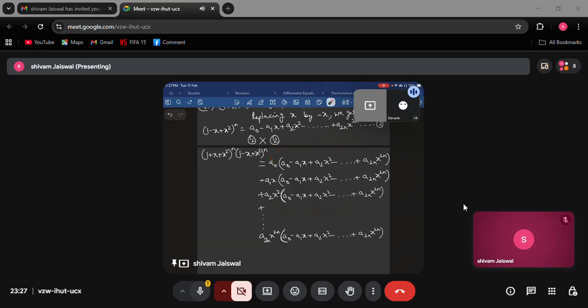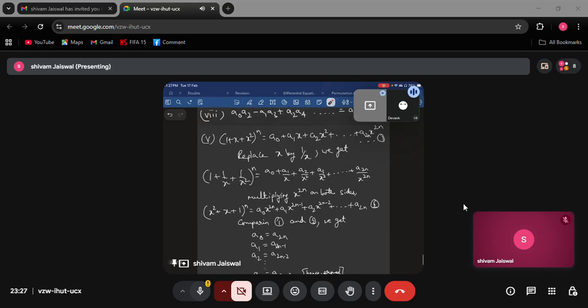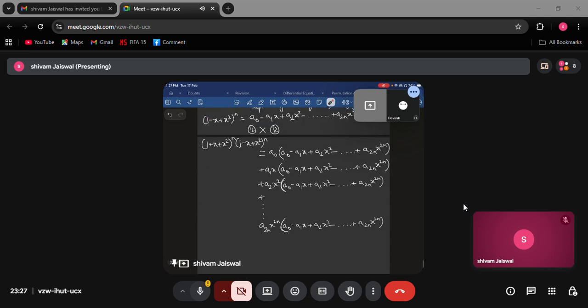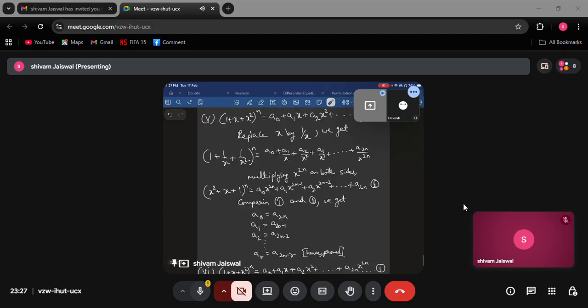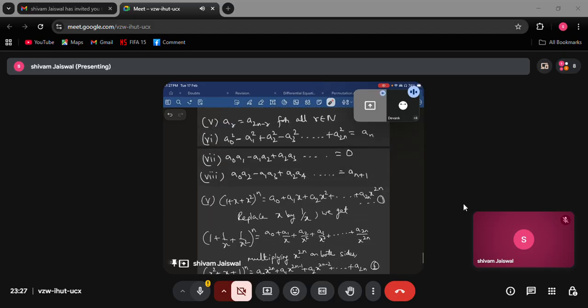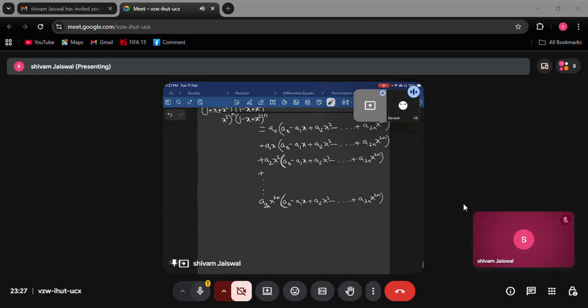But I need a1 square also: a1 into a_(2n-1), a1 square. We need to compare the coefficient of a0 square minus a1 square, so let us compare the coefficient of x to the power 2n.